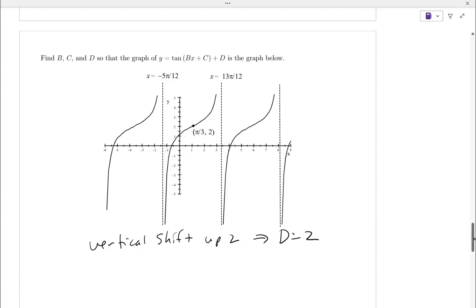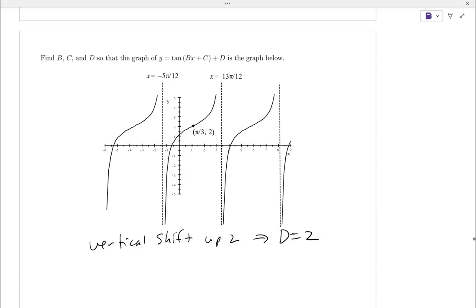All right. So let's do B and C. And just like we had before, let's do the B first and then the C. B again corresponds to the period. What pieces of information are you going to use on this graph to help you figure out the period? The asymptotes, right?